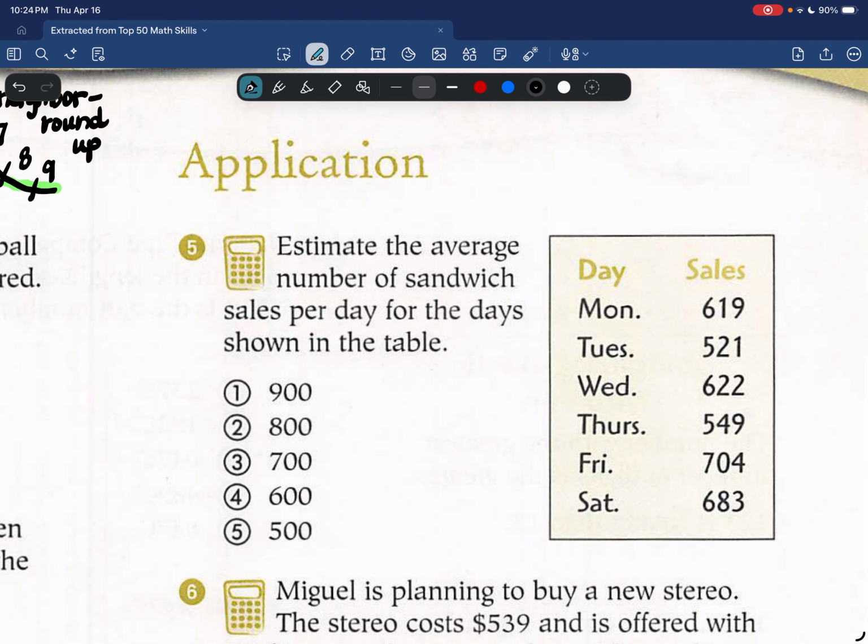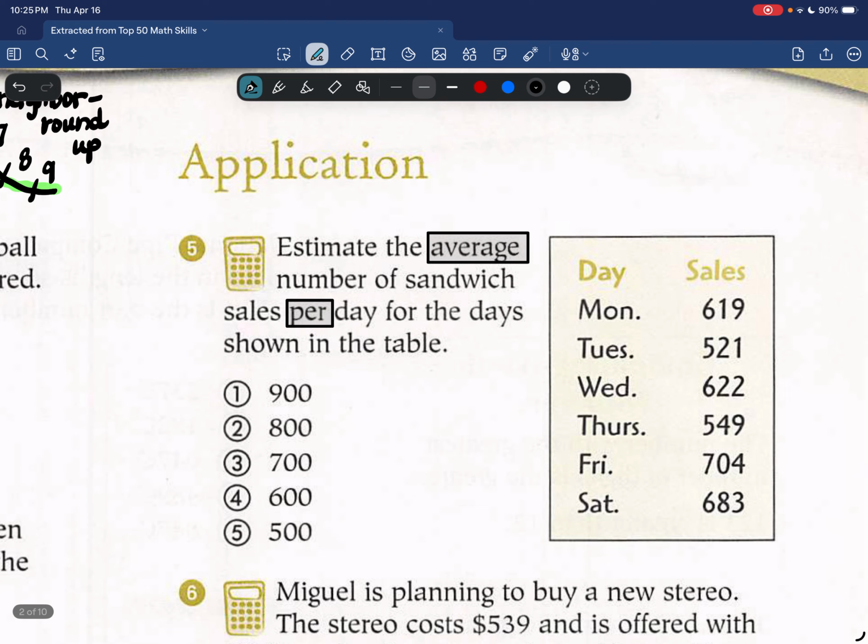That's a good thing. All right, it says to estimate the average number of sandwich sales per day for the days shown in the table. Well, the first thing that I want you to notice are these keywords, average and per, because both of those are giving me clues that we need to divide. But average also needs me to be able to find a mean, an average number.